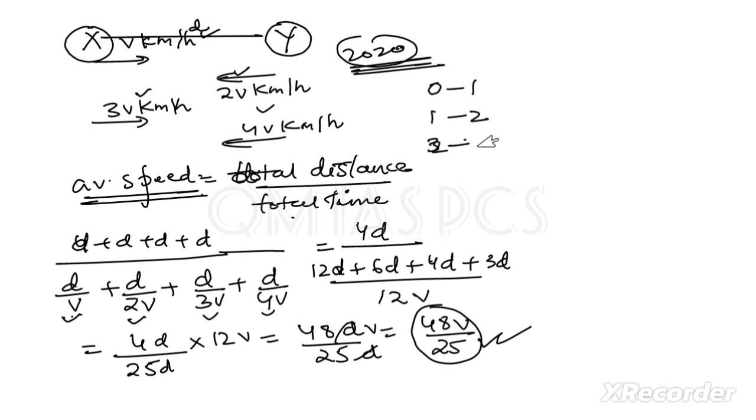It will be less than 2 but more than 1. If you convert this into a mixed fraction, it will be 1 whole 23 by 25. That means it is greater than 1 and less than 2. So the answer lies between v and 2v kilometer per hour.